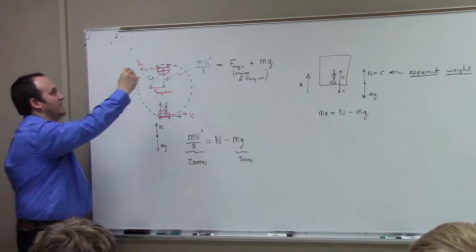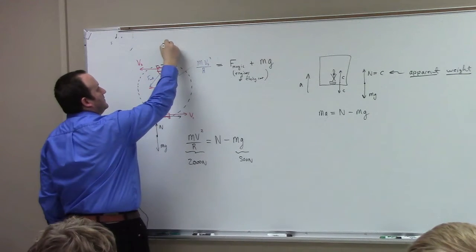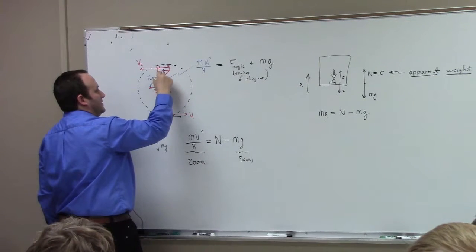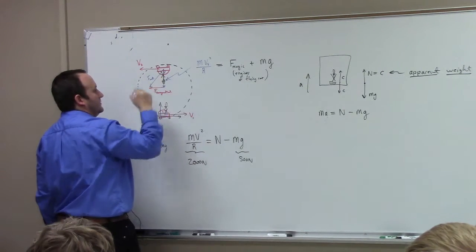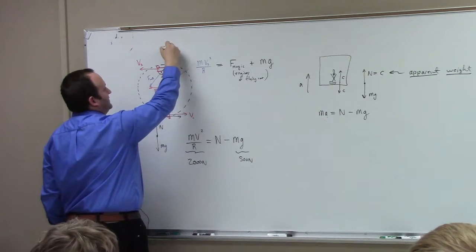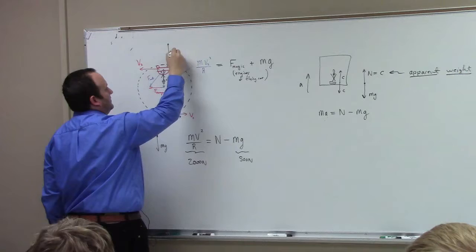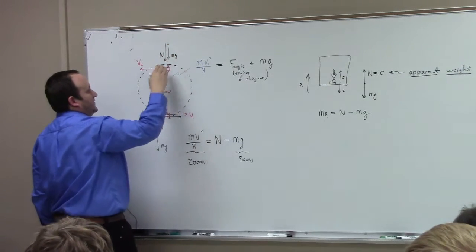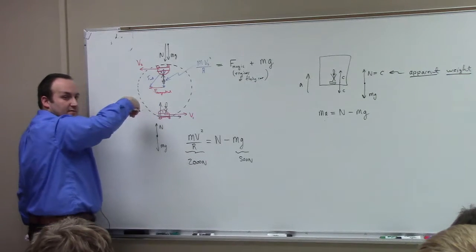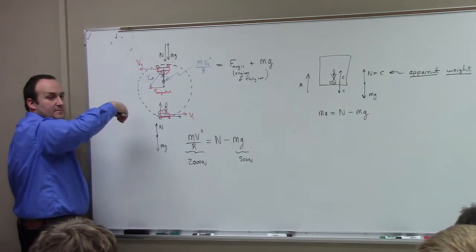At the top, on the other hand, think about Mr. Top Hat standing here. What's going on? In this case, that's mg, right? And that's also the normal force on his feet. The car is pushing on his feet that way. The situation's turned over, right?